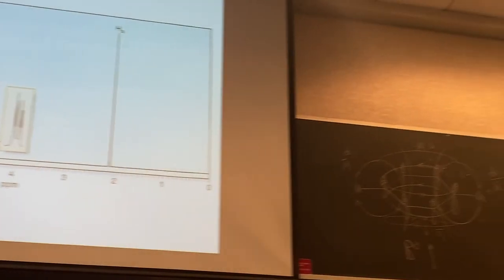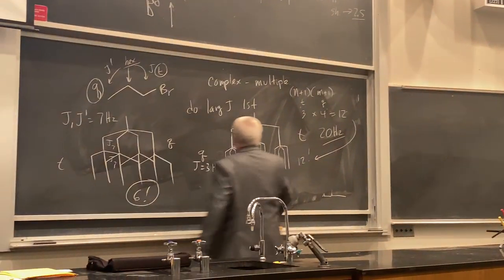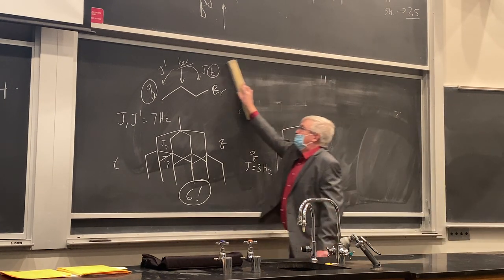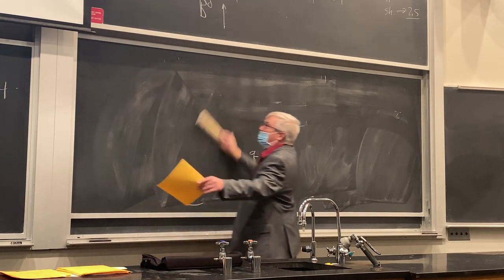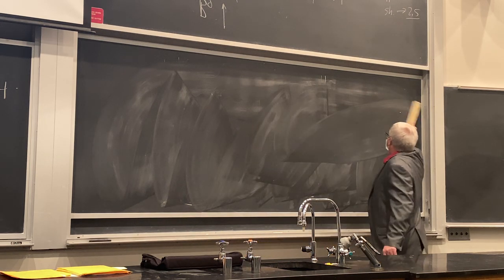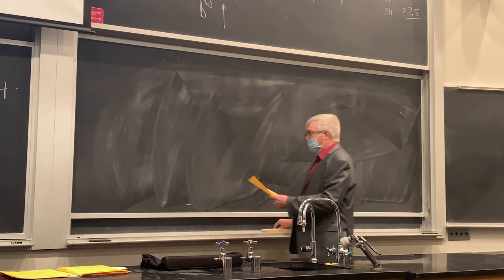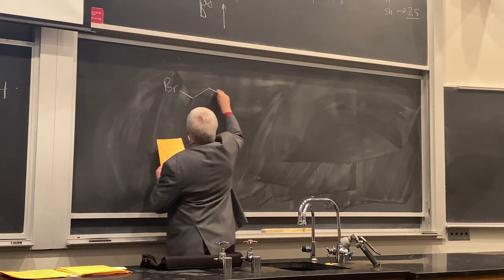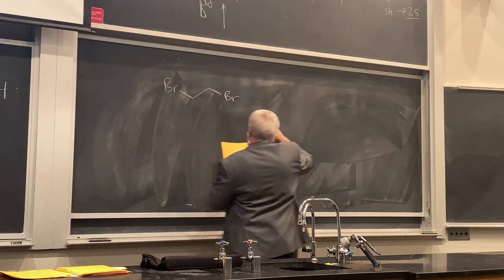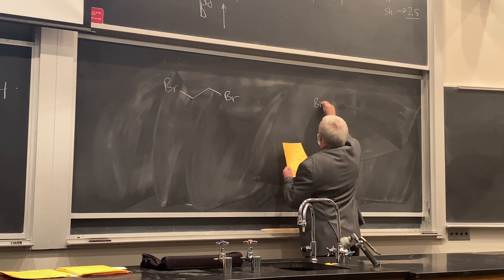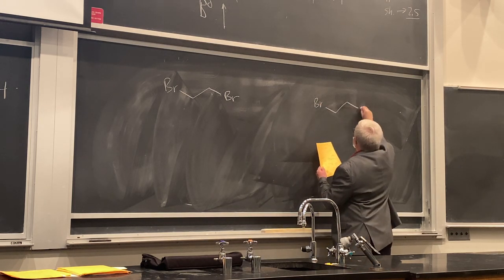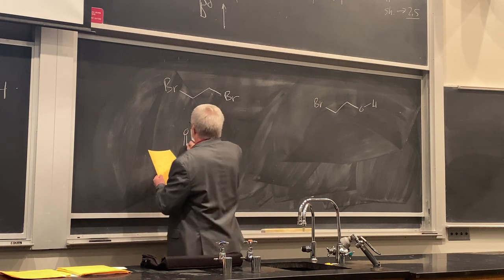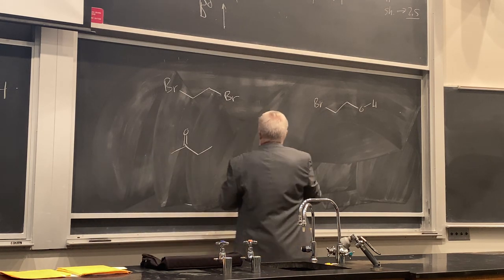But what I'd like to do now is actually work a couple problems with you and see if you can come up with what the spectra would look like. So we'll go back to that hard one on Monday and review that, but right now let's look at these. So come up, let's practice. What would the spectrum look like for that? What would it look like for this? And this? And this?